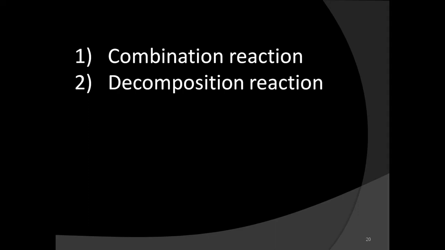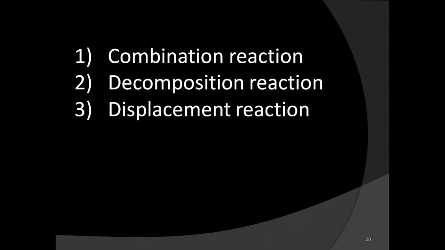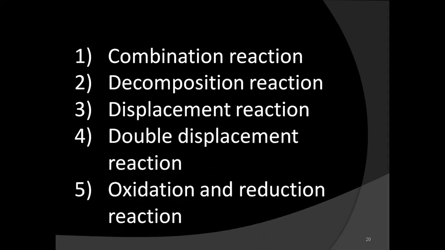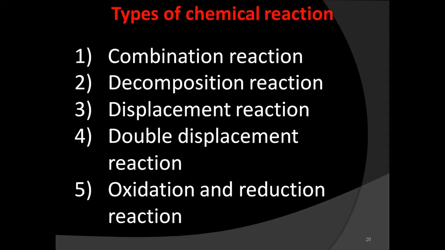The first one, combination reaction. Second, decomposition reaction. Third, displacement reaction. Fourth, double displacement reaction. Fifth, oxidation and reduction reaction. These are the types of chemical reactions in your syllabus that you are going to learn this year.